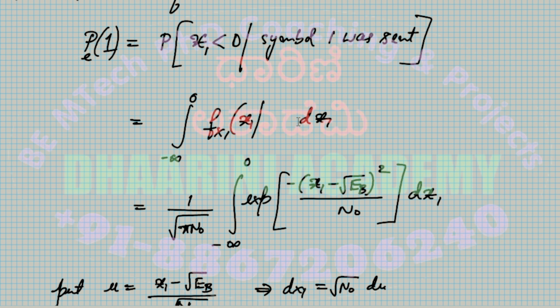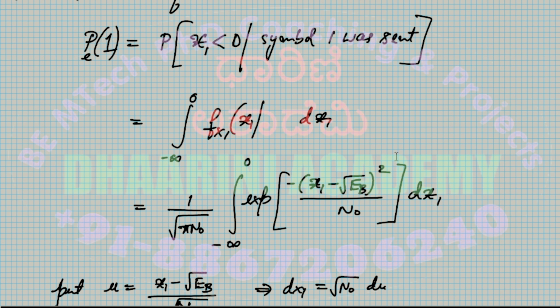I am looking at the error, right? So when you send 1, error happens if it is received lesser than 0. Same thing is for 0 also: 0 is sent, and error happens whenever it is received on the right side.